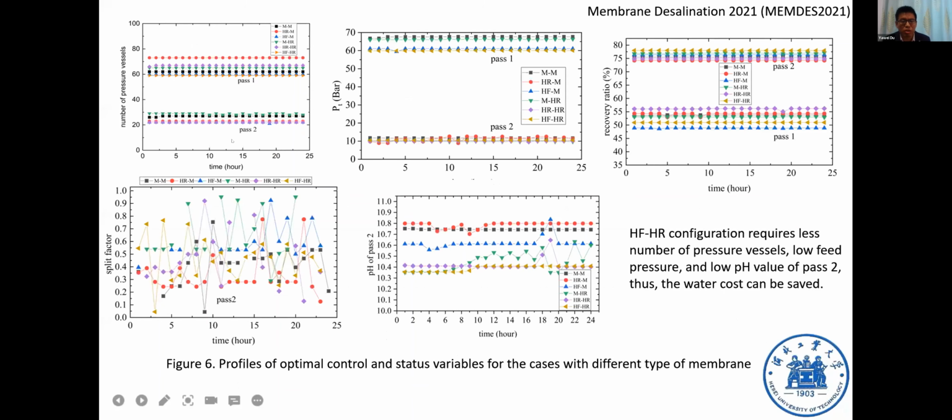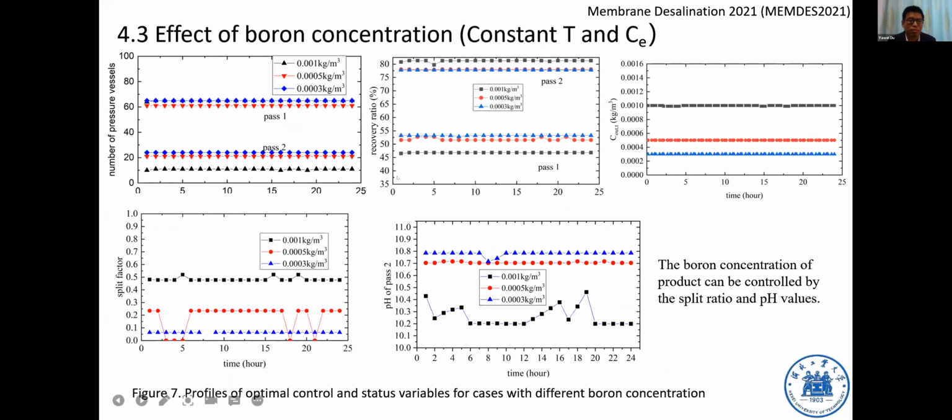And this configuration has the lowest number of pressure vessels and low pitch feed, so the water cost can be saved. And then we compare the effect of bond concentration of the product.